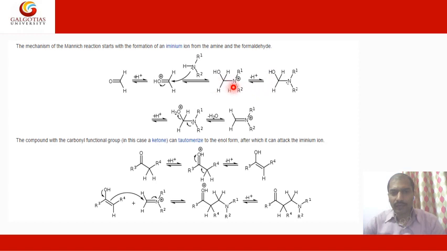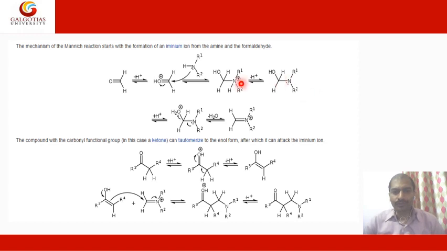This is a reversible step, and it can form the intermediate, which is then deprotonated. This product loses an H plus ion, so it gets stabilized.